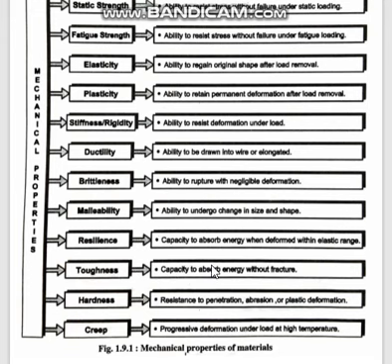In the stress strain diagram, the area under the curve up to the elastic point is resilience. The area under the curve up to the fracture point is toughness. Resilience is the capacity of the material to absorb energy when deformed within the elastic range. Toughness is the capacity of the material to absorb energy when deformed up to fracture.